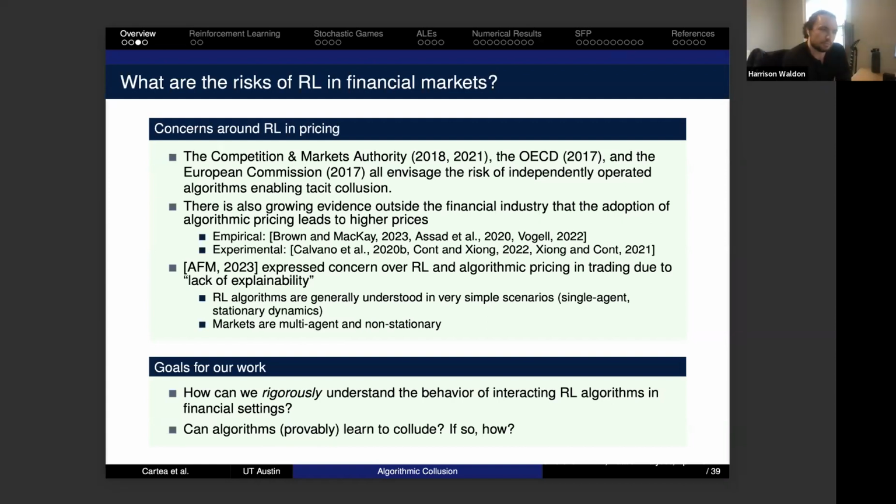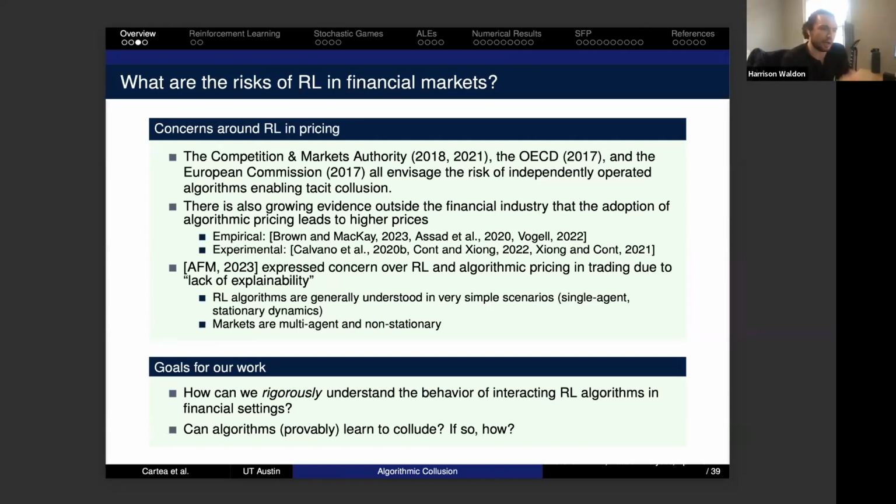Indeed, regulators around the world envisage the risk of independent algorithms enabling tacit collusion, or inflated prices in the market achieved without explicit communication. This concern is due in part to empirical work, which shows that the adoption of algorithmic pricing strategies is often correlated with an increase of prices which can't be explained by other economic factors.